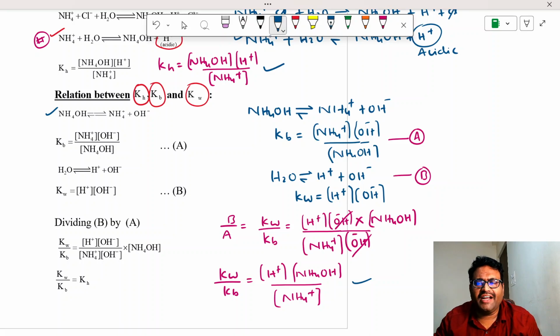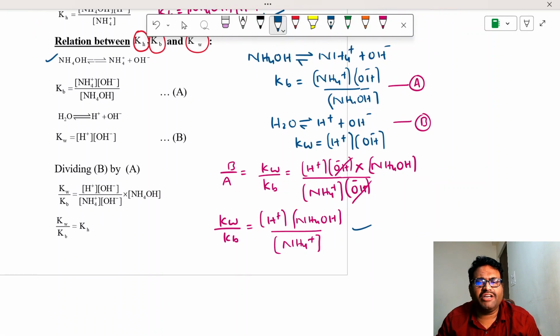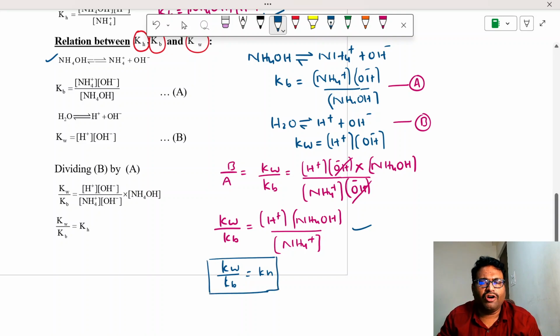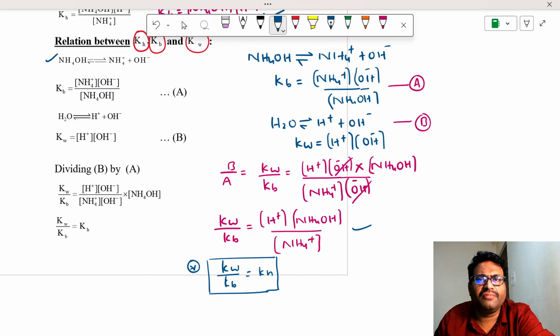So I can write it as Kw by Kb is equal to KH. So for this salt from weak base and strong acid, Kw by Kb is equal to KH.